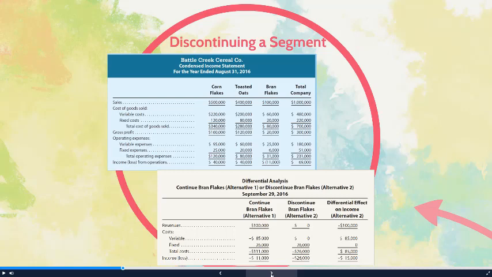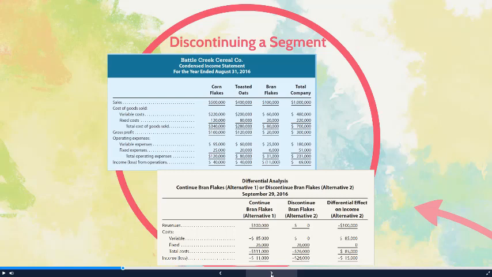We can say, well, we're only losing right now $11,000. So we should know just from comparing our fixed cost to our current loss that we should continue with this segment. But let's take a look at it by preparing our simple income statement.